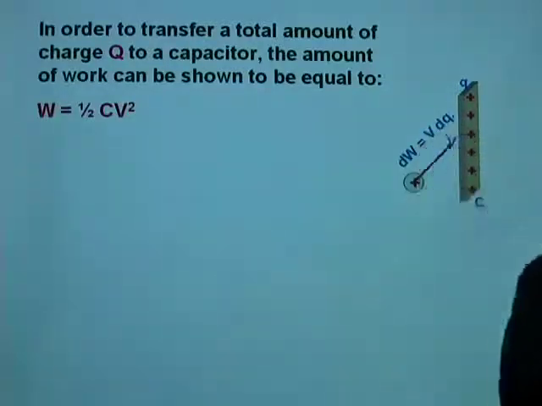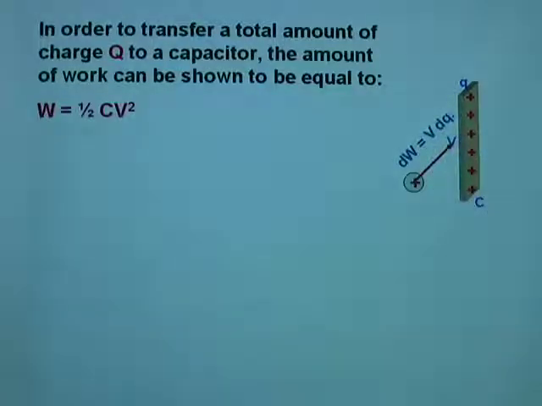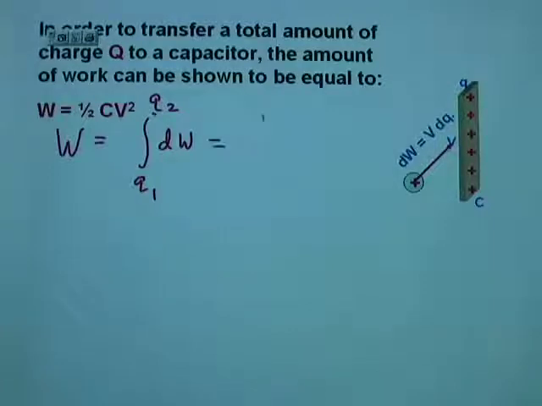Now let me do that on the whiteboard. Now watch these steps. The total amount of work done when the amount of charge increases from Q1 to Q2 will be integral Q1 to Q2 of dW, and dW is V dQ.